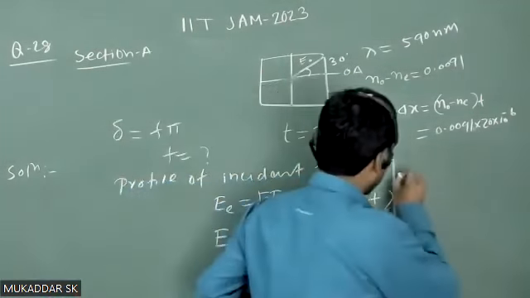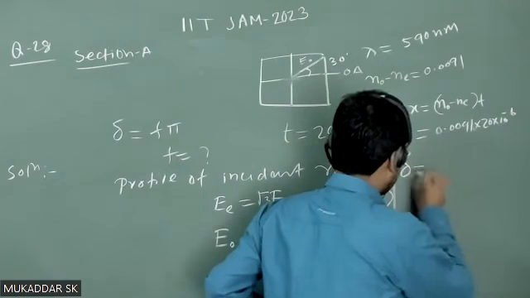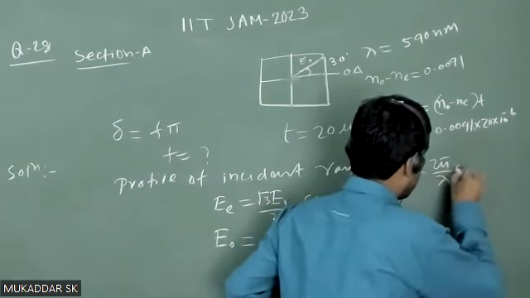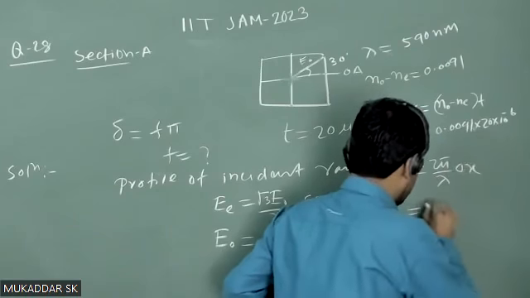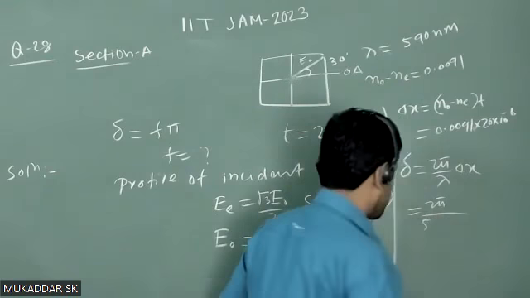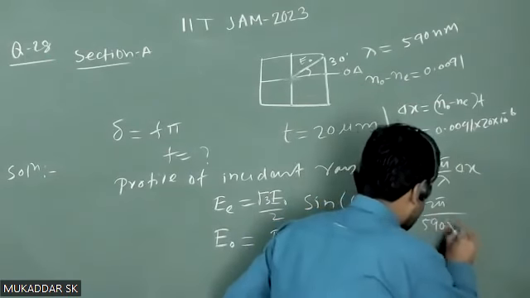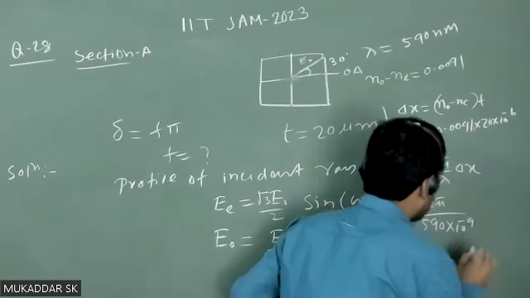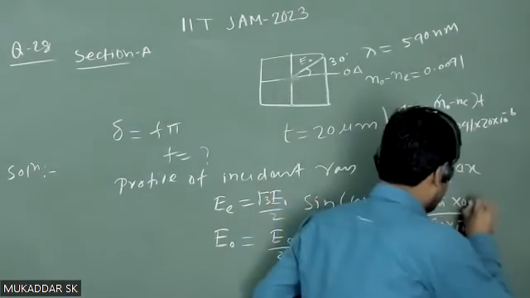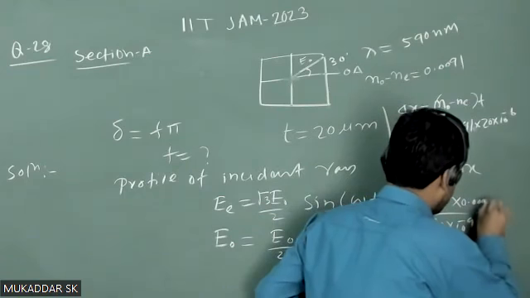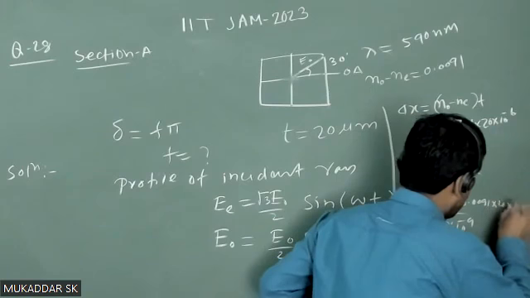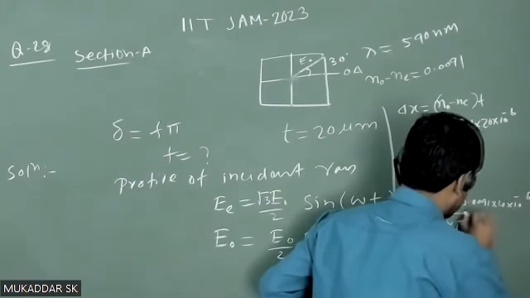So the corresponding phase difference delta is 2 pi by lambda into delta x, that we know. Lambda is 590 nanometer, that is 590 into 10 to the power minus 9 meter. So delta is 2 pi by 590 into 10 to the power minus 9, times 0.009 times 20 into 10 to the power minus 6.